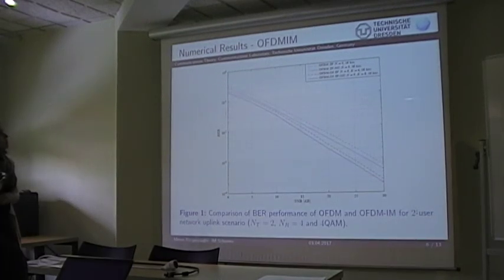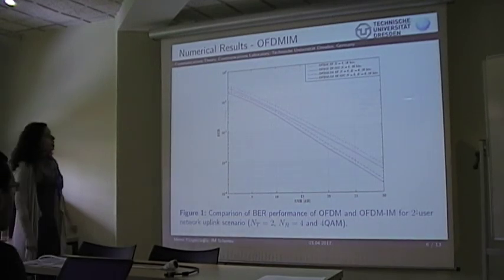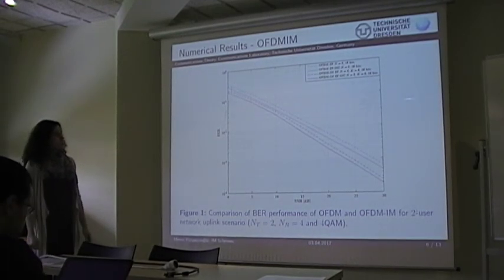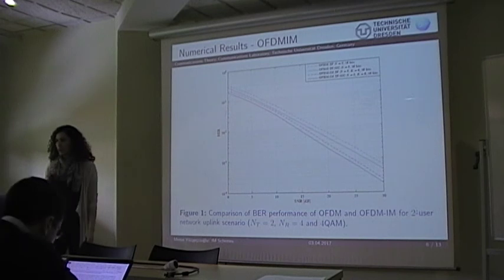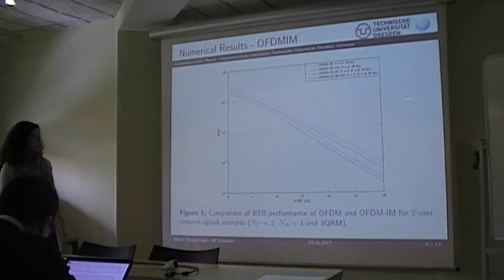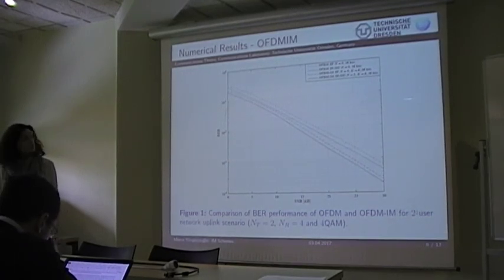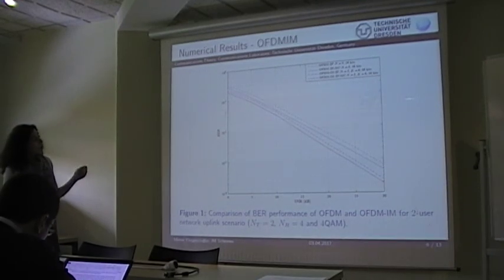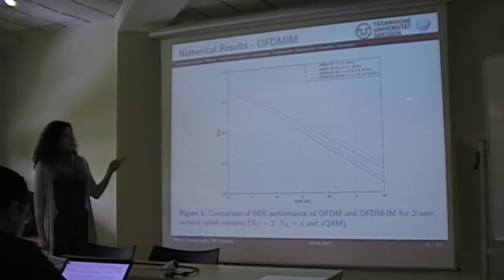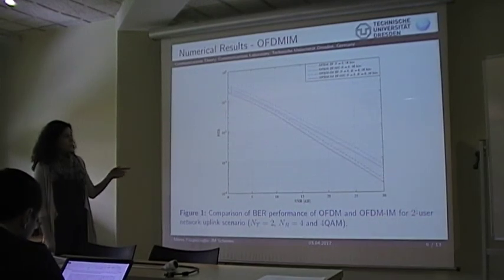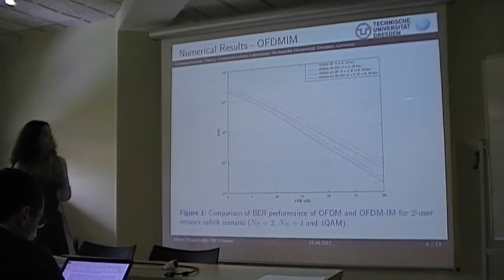Here I would like to show you the bit error rate performance of the system. I compared the classical OFDM system with OFDM with index modulation. In this figure, the total transmit power and the transmitted bits per channel use are the same for both of the systems. Blue lines are for classical OFDM and purple lines are for OFDM together with index modulation.